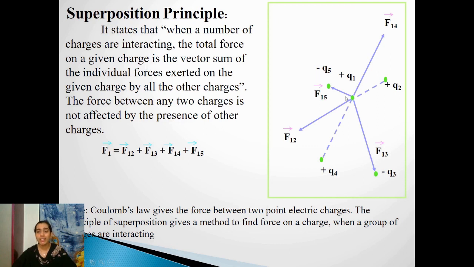But the net force acting on Q1 will be the vector sum of all the forces exerted: 5 Newton due to Q2, 10 Newton due to Q4, similarly 5 Newton from Q5 and 6 Newton from Q3. All of these will be considered when the force is exerted on this particular charge.